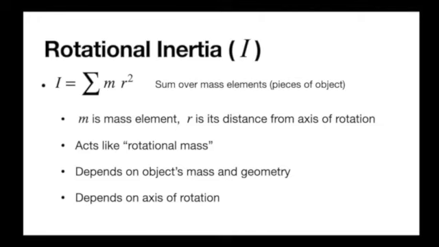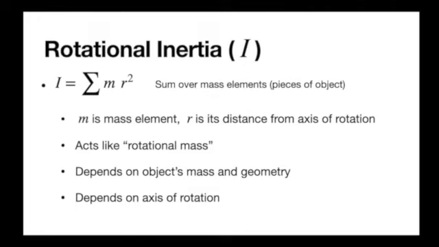So if the whole thing is length L, each half is L over 2. So now my moment of inertia is m times L over 2 squared plus m times L over 2 squared. So each one of these would be L squared over 4, and we get m L squared over 2 for this setup.